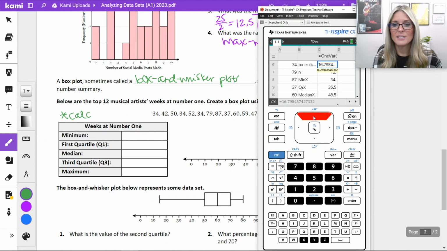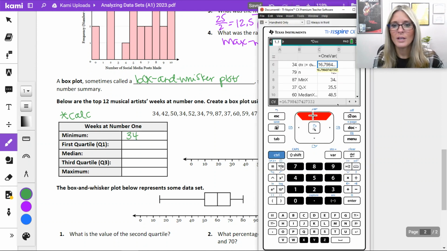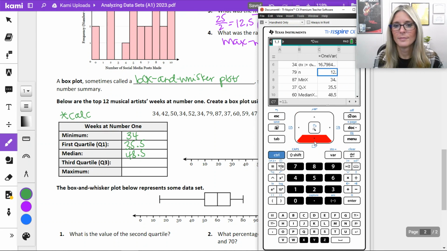Our minimum was 34. Q1 is 35.5. Median is 48.5. Q3 was 59.5 and max is 87.